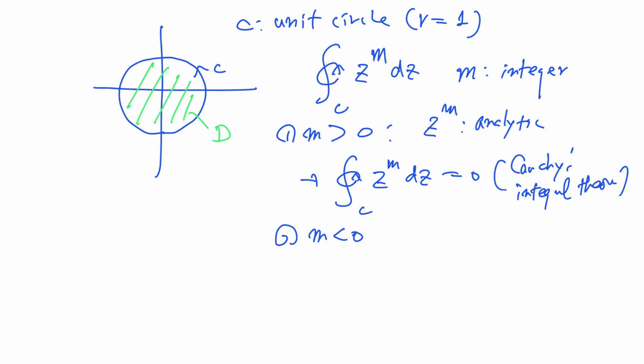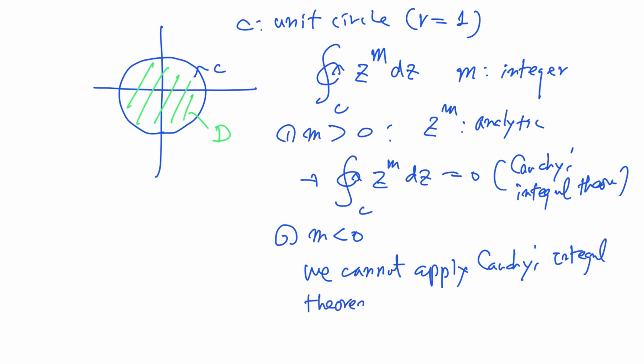Because it is not analytic at z equal to 0, right? So z equal to 0 is a particular special point where we cannot apply it. Then what?